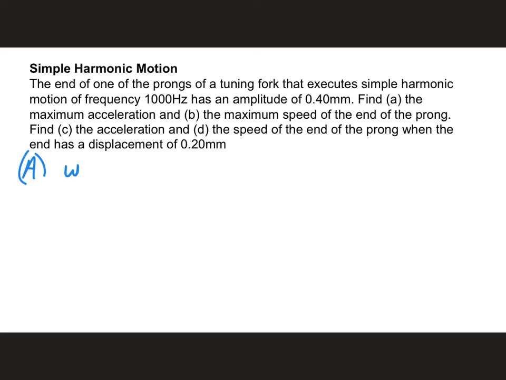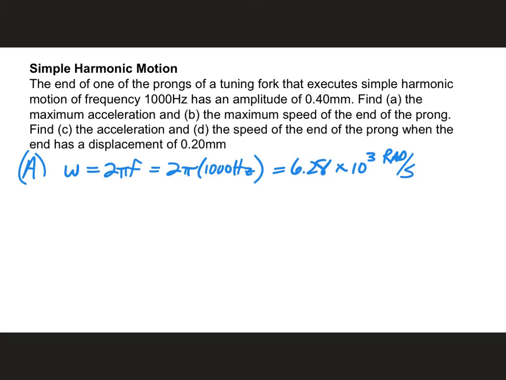I know that angular speed is 2 pi times frequency. I was given the frequency of 1,000 hertz in the problem. So I have an angular speed of 6.28 times 10 to the 3 radians per second, or 6,280 radians per second. Okay, so that thing's moving.